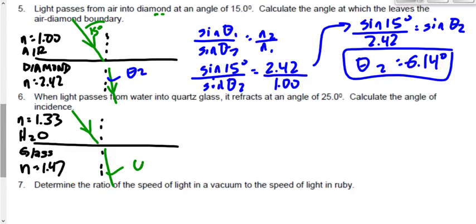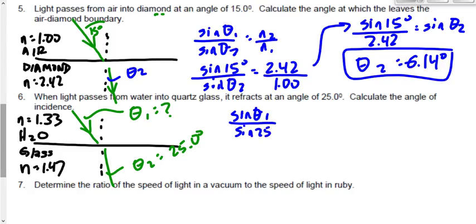Now we're given theta 2 in this case. It says it refracts at an angle of 25.0 degrees, and we're looking for the angle of incidence, theta 1. That's good. Theta 1 is a little bit easier to solve for because we don't have to get it to the top. Sine theta 1 over sine 25 degrees equals n2 over n1, which is 1.47 over 1.33.